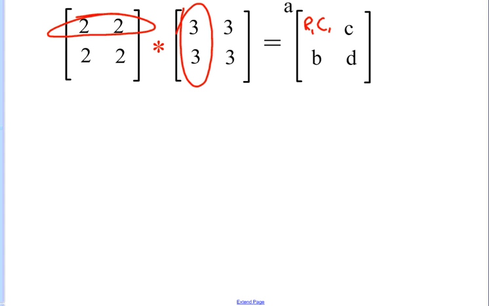Row 1 in the first matrix and column 1 in the second matrix, and I put them together. This 2 goes with this 3 and multiplies because it's a multiply problem, and that makes 6. And then this 2 goes with this 3, and that also makes 6. And what do you think I do with them? What's your gut feeling? Add them. You're right. And it would just be 12. So this spot is a 12. All right, that's the big picture, and it does get more complicated. So let's break it down into little parts.